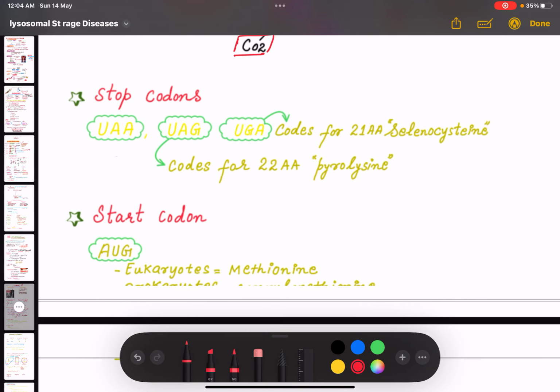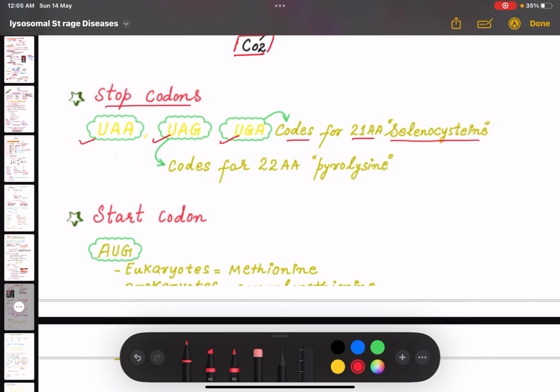Let's see another topic, stop codons. What are the stop codons? UAA, UAG, UGA. UGA codes for the 21st amino acid, which is known as selenocysteine.